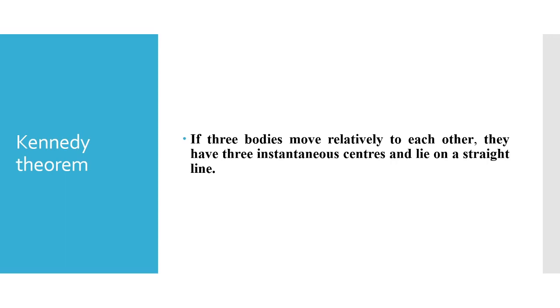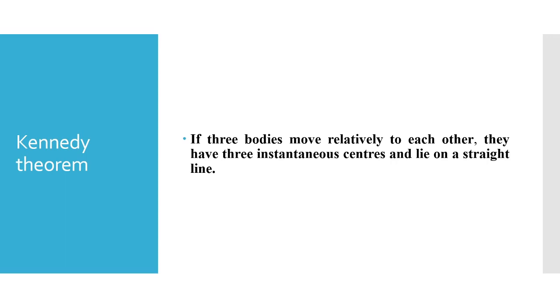So that means if we have three bodies, 1, 2 and 3, such that their motions are relative to each other, then there will be three instantaneous centers, I1, I2 and I3, and these three centers will be on a straight line.